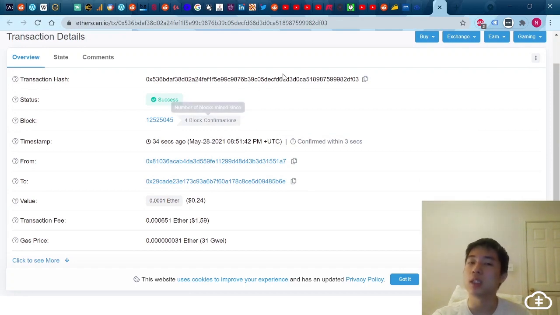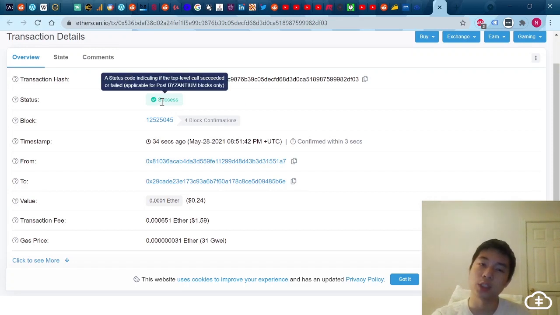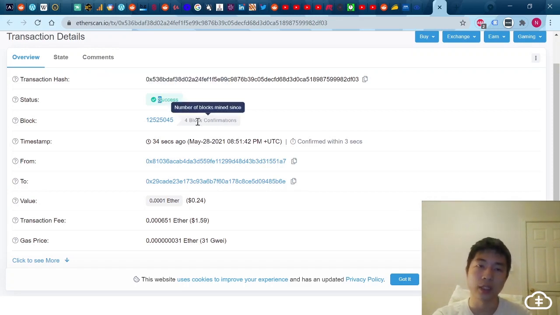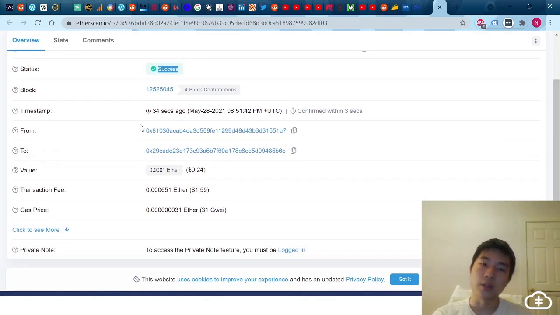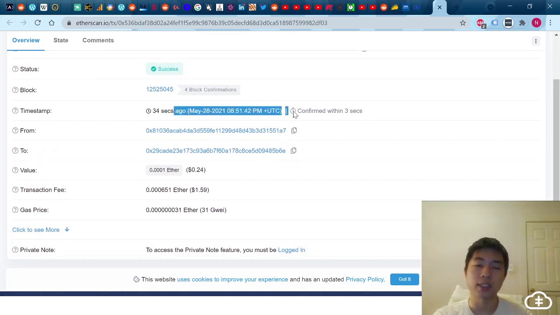But once your transaction is successful, you should have at least a few block confirmations, and the more time passes, the more block confirmations you're going to have. And the timestamp you see here is when this transaction occurred.